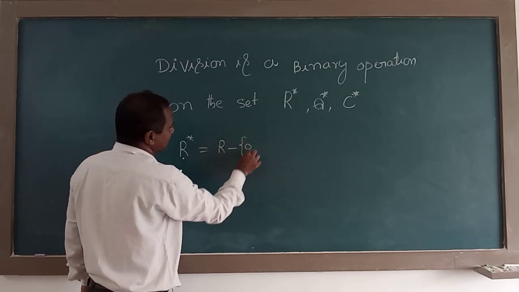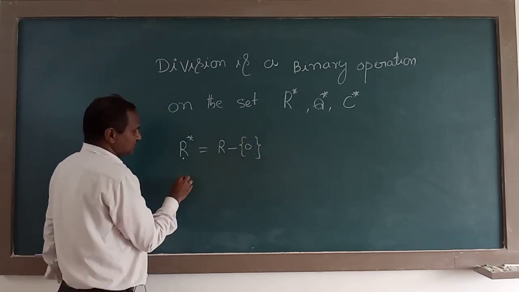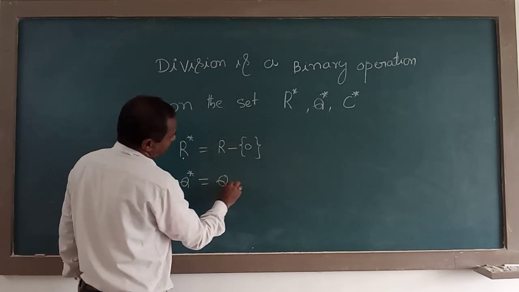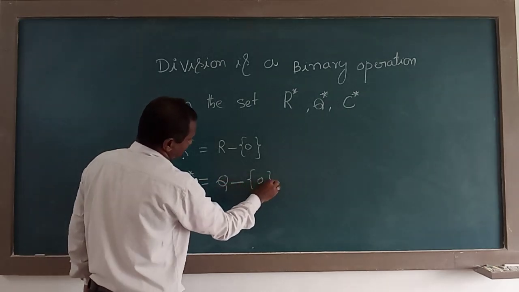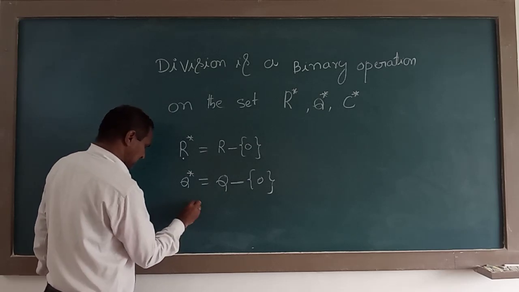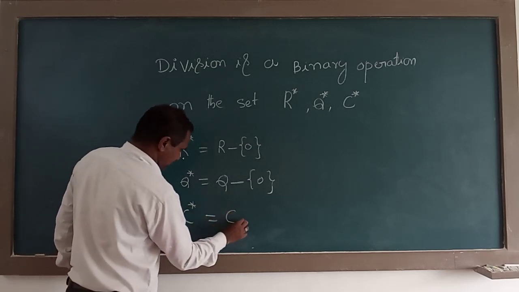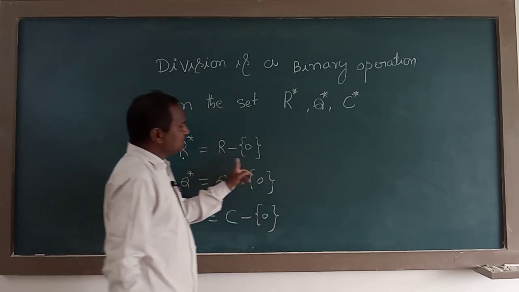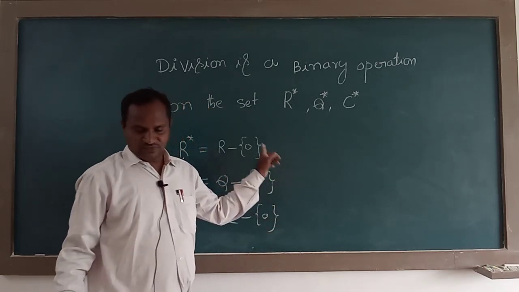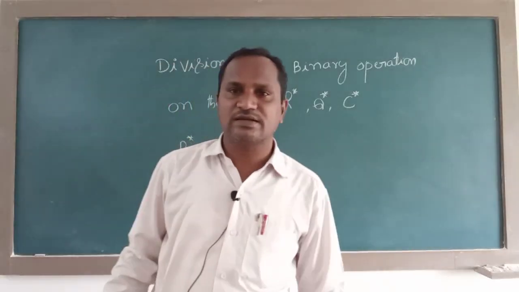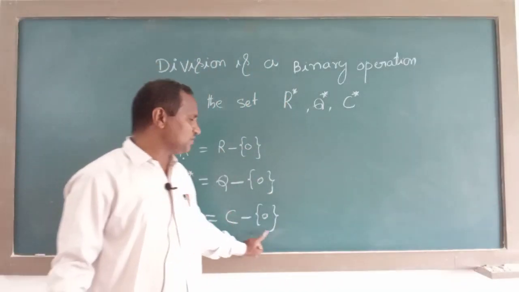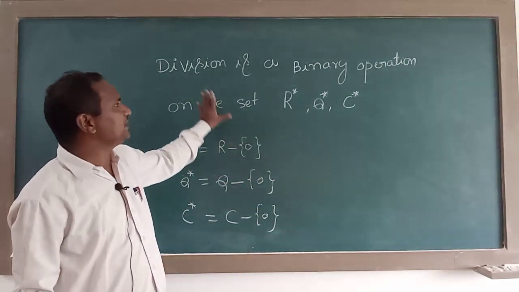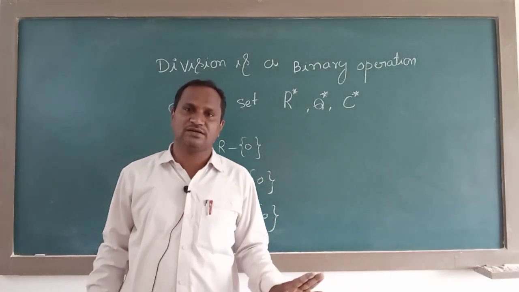Without 0 you can take any numbers. Q star is equal to Q, the set of all rational numbers, minus 0. C star means C minus 0 here. The set of all non-zero real numbers, the set of all non-zero rational numbers, the set of all non-zero complex numbers. On all these three sets only, division forms a binary operation.